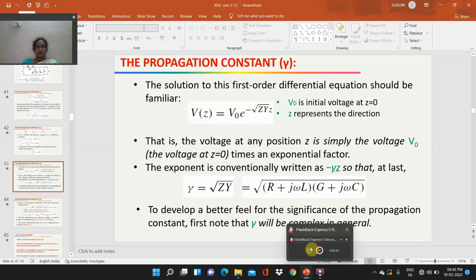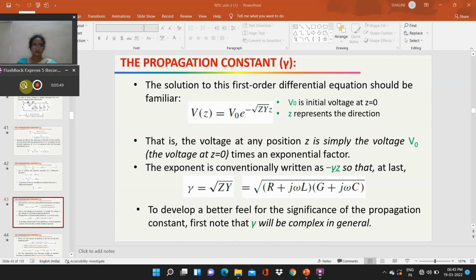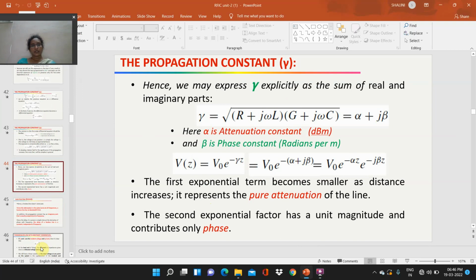To develop a better feel for the significance of the propagation constant, first note that gamma will be complex in general. Hence, we may express gamma explicitly as the sum of real and imaginary terms: gamma is equal to square root of (R plus j omega L) into (G plus j omega C), which is equal to alpha plus j beta.